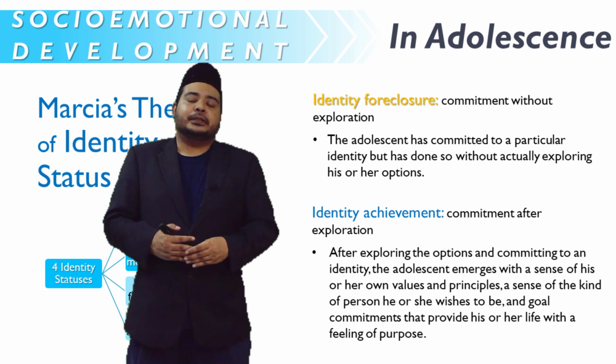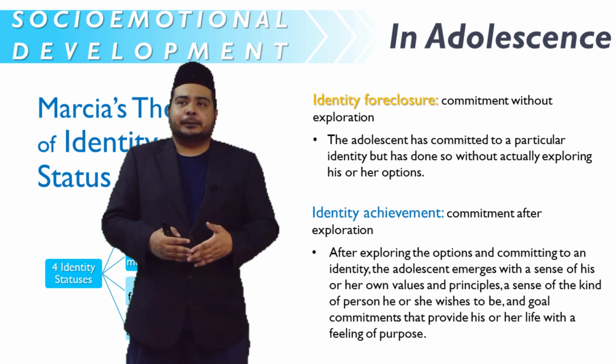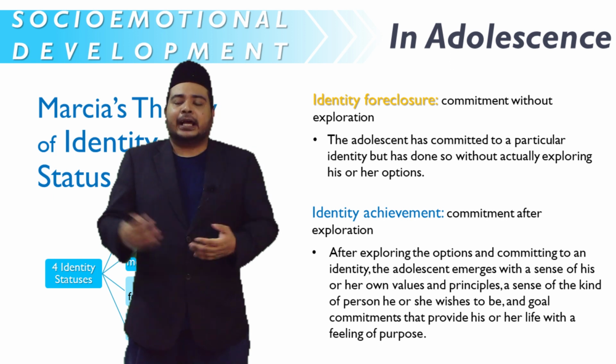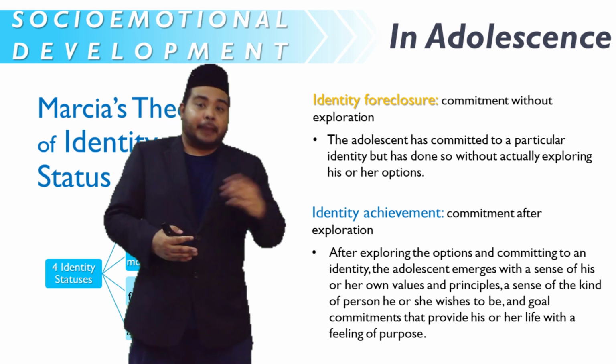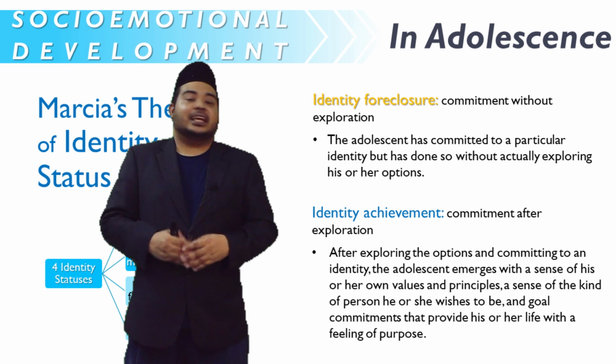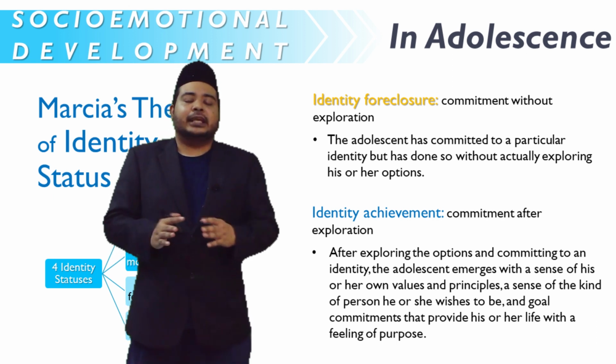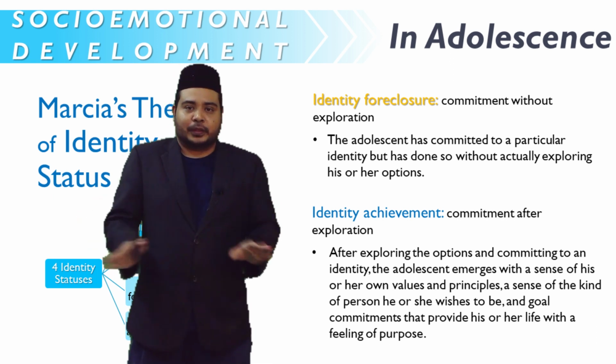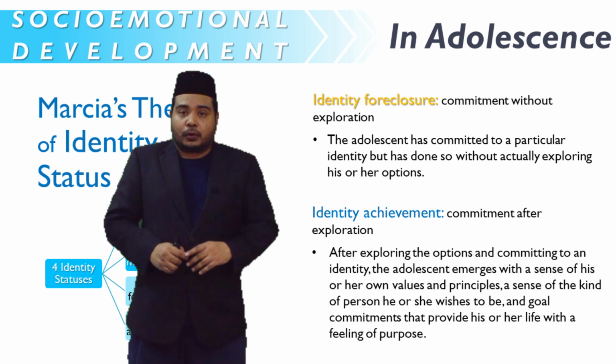For example, when teenagers just decide to become like their parents, their teachers, or their older siblings, even though they have not explored what they actually can do. This is identity foreclosure.